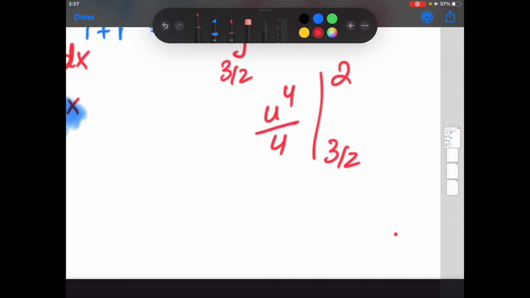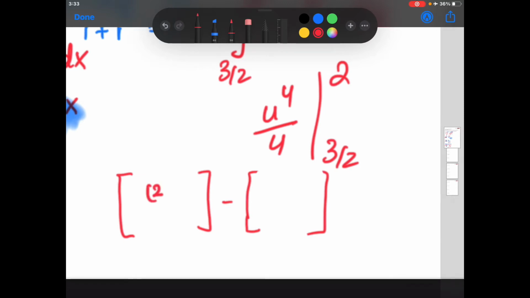It's a definite integral. So now all you need to do when you have the bounds is the upper bound minus the lower bound. So my upper bound is 2, so I'm going to do 2 to the 4th over 4 minus 3 halves to the 4th over 4. So 2 to the 4th is 16 over 4, minus 3 halves to the 4th would be 81 over 16 times 4 is 64.